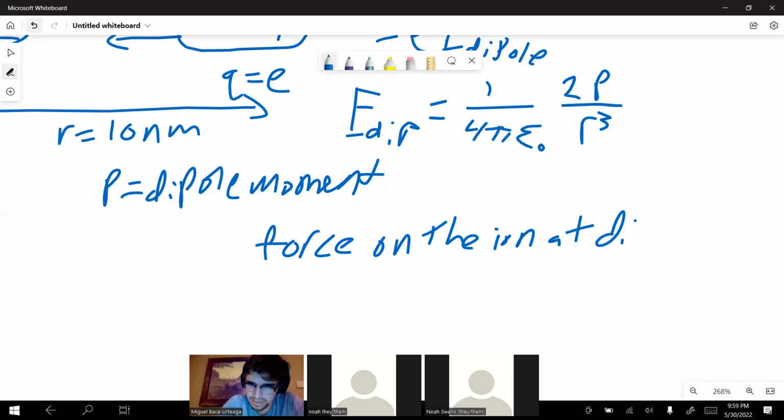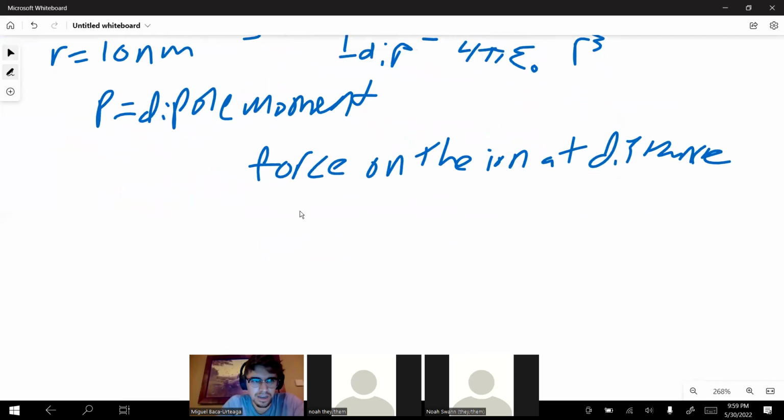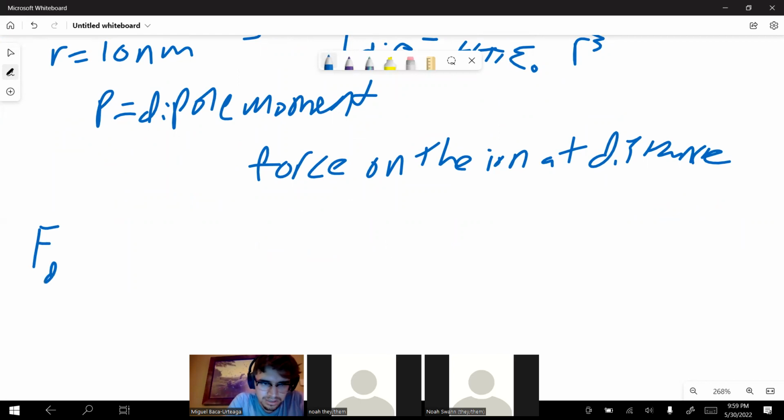at distance. I guess you have to consider that distance is not represented in this. So then if we look at force of the dipole on ion is equal to E times the electric field of the dipole.